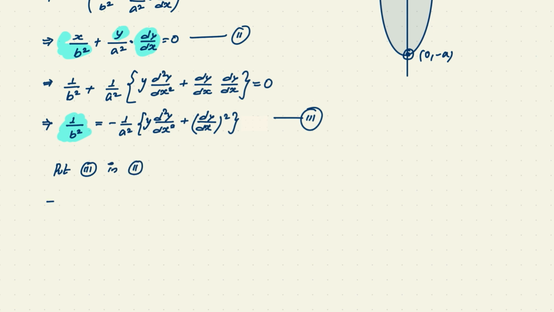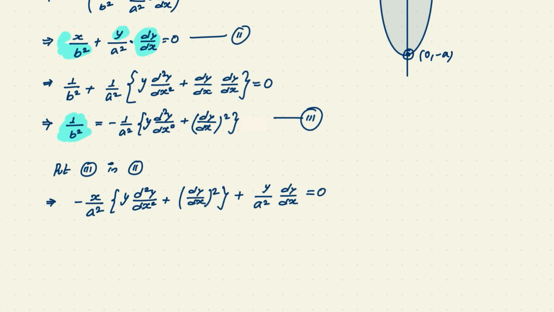Then since there is x into 1 by b square, we will have minus x by a square, putting the value of 1 by b square into y into d2y over dx2 plus dy over dx whole square, and we have plus y by a square into dy over dx equals 0.